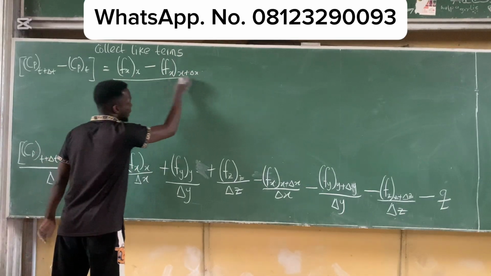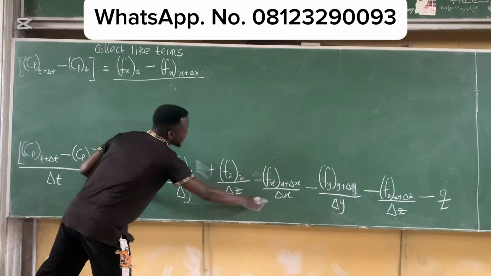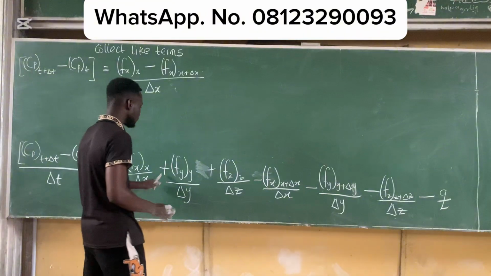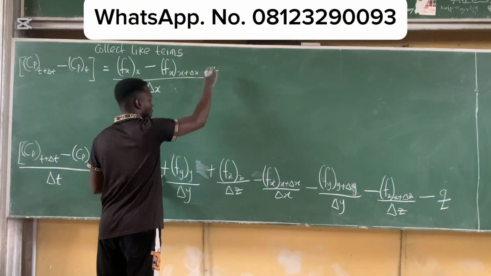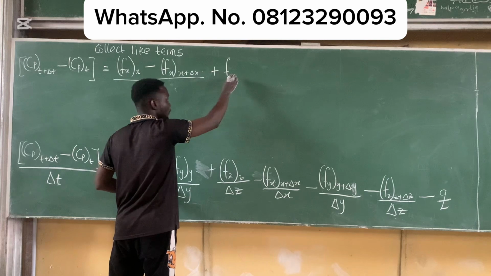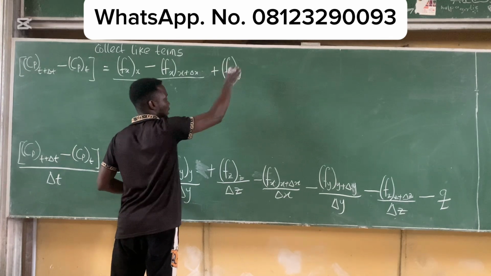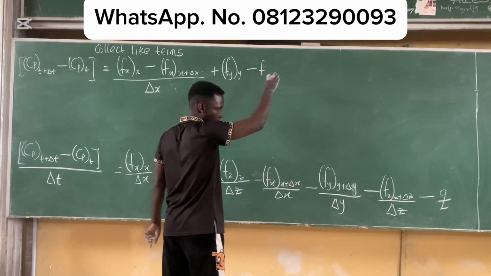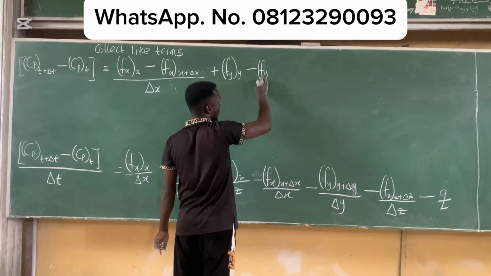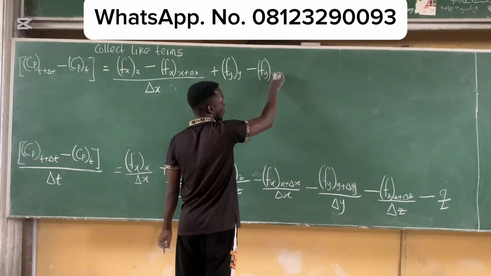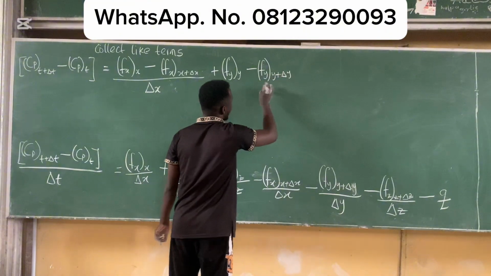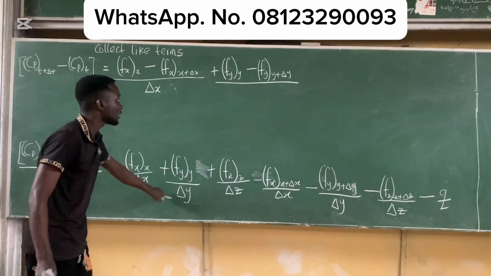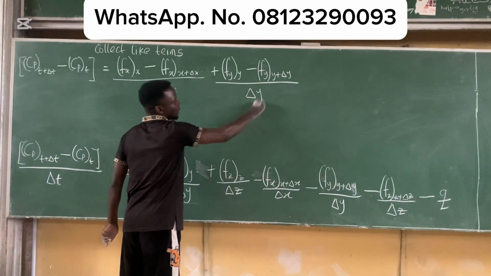Now everything here, remember this one divided by delta x, this divided by delta x, so everything divided by delta x. Then also we go for y, this becomes plus f of y at y minus f of y at y plus delta y divided by, this is divided by delta y, this is divided by delta y, so this becomes delta y.